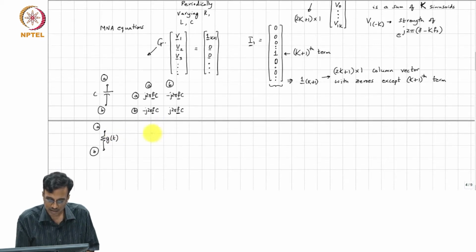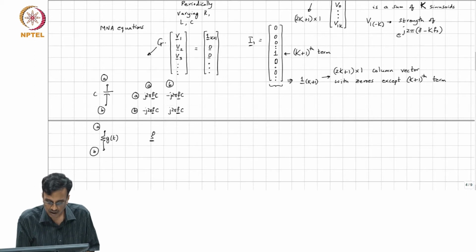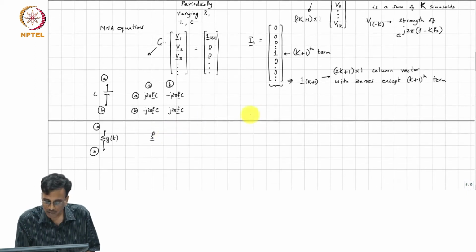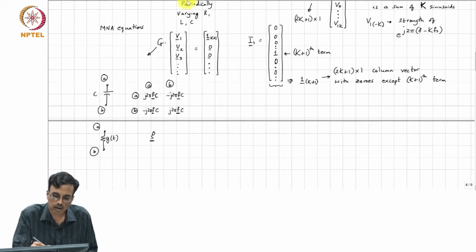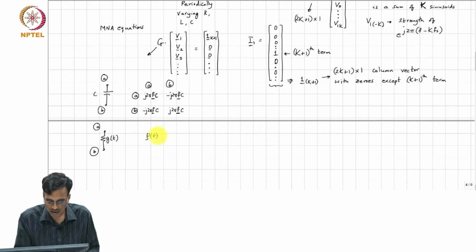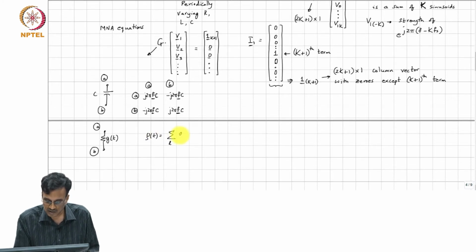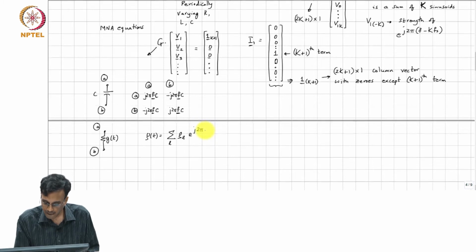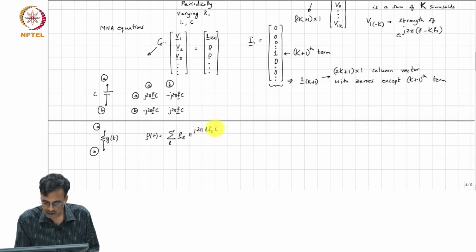We first form a matrix G, remembering that G of t is nothing but sigma over L of G sub L of j e to the j 2 pi L f s times t.